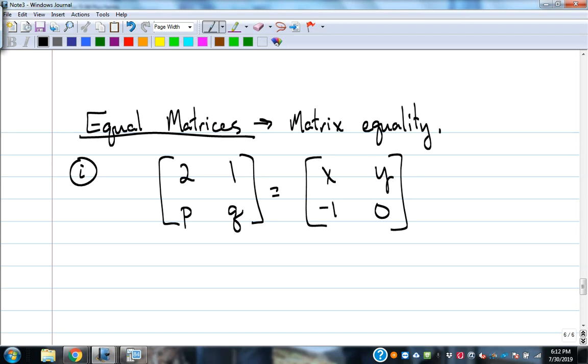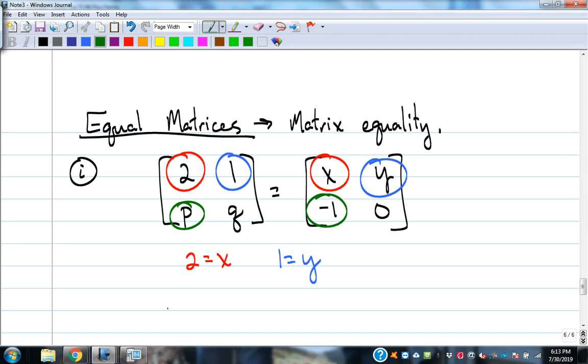Equal matrices means whatever's here is equal to what's there. So 2 is equal to X, 1 is equal to Y, P is equal to -1, and Q is equal to 0.